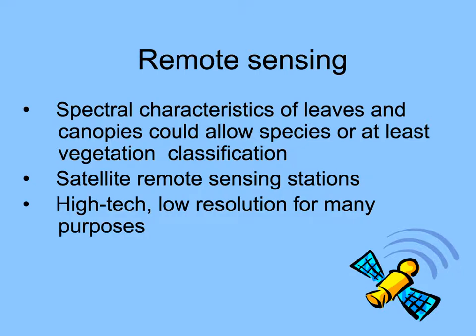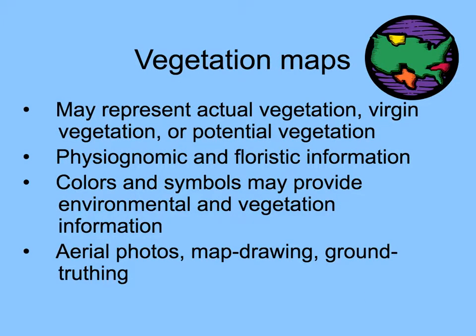In the last 20 years or so, people have been using remote techniques to view plant communities that are hard to reach, or maybe to do comparisons over a very large spatial scale. With remote sensing, special equipment is used to record the spectral characteristics of the plants below, and you can see differences among different communities, and in some cases, dominant species. With remote sensing, vegetation maps can be drawn from pictures.